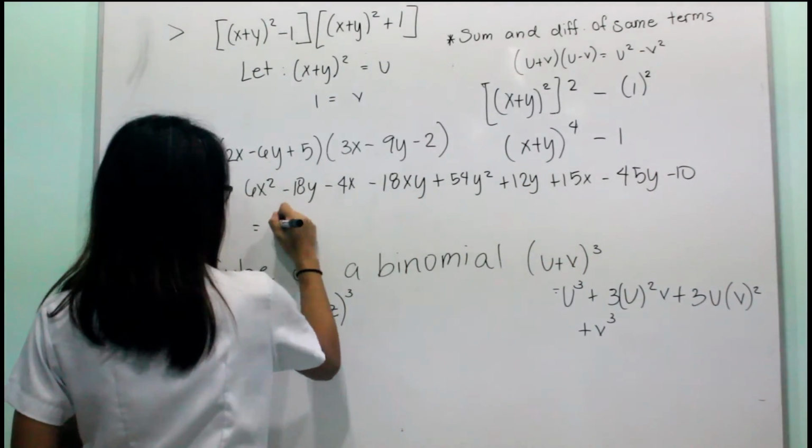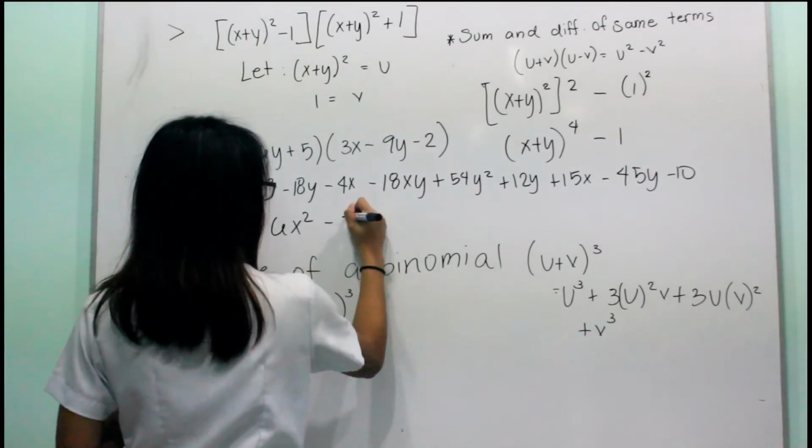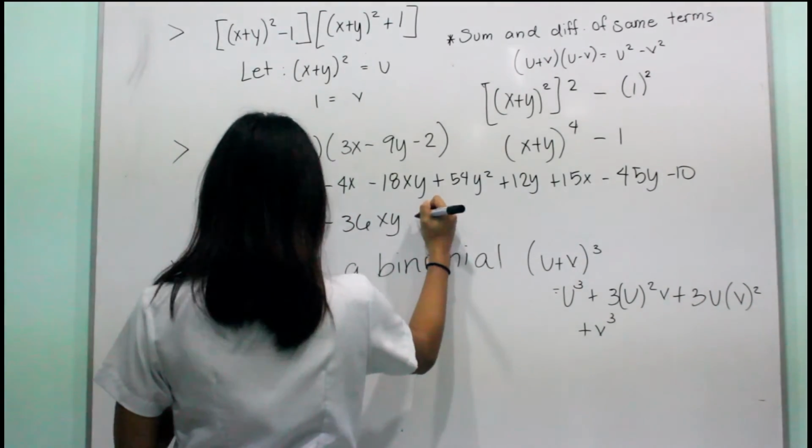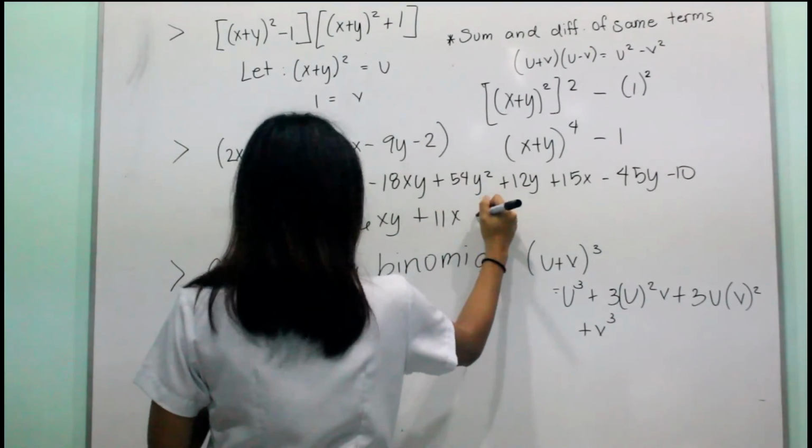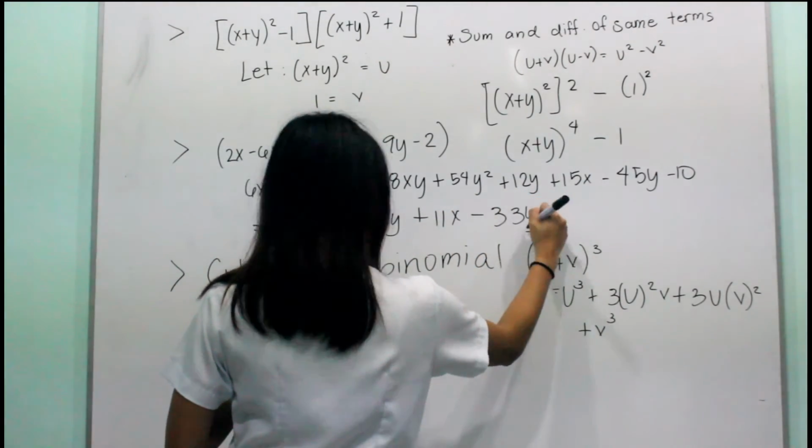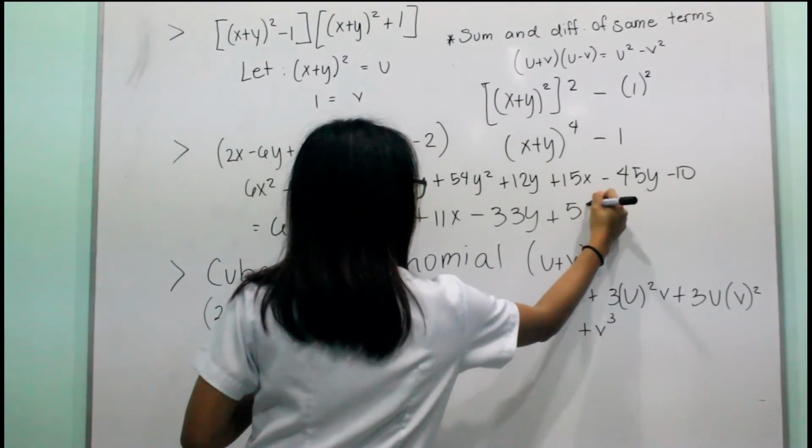Simplify, we would get 6x squared minus 36xy plus 11x minus 33y plus 54y squared.